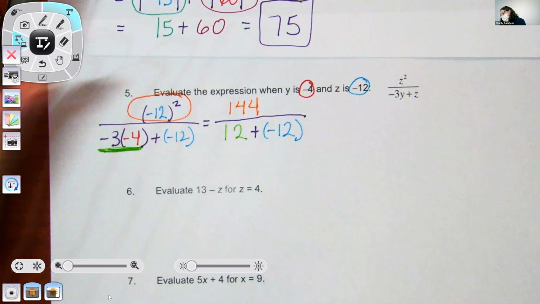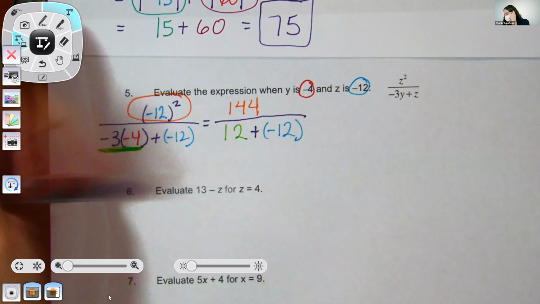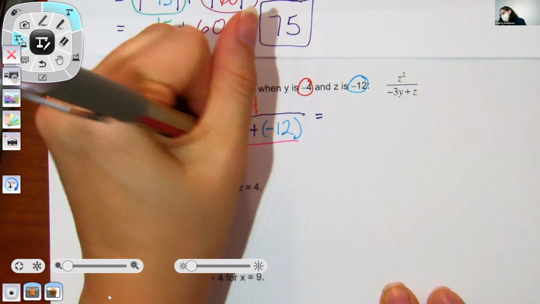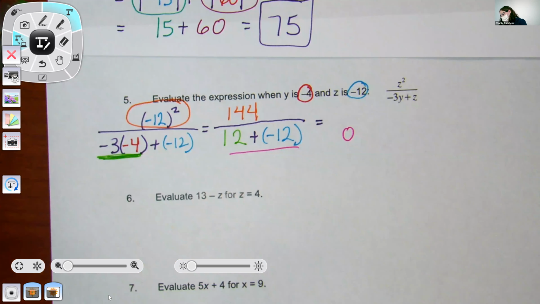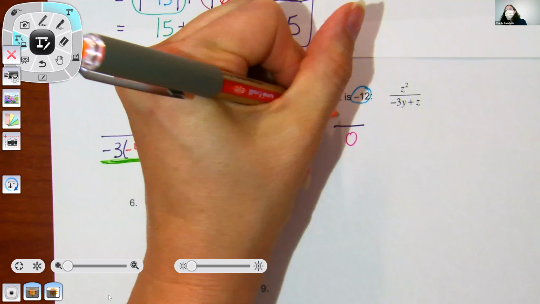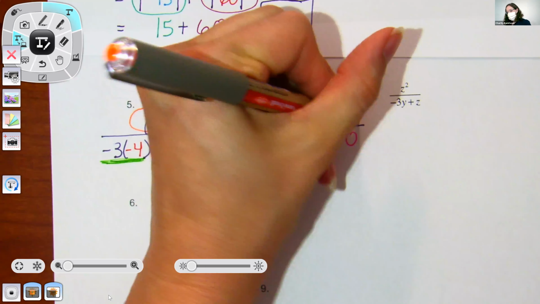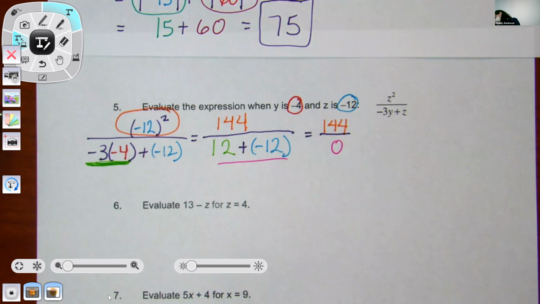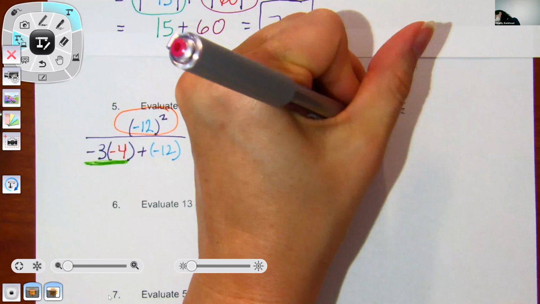So 12 plus negative 12 equals what? 0. So I'm looking at 144 over 0, which is undefined.